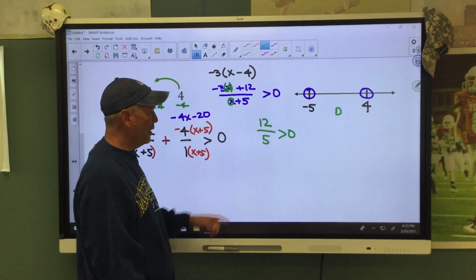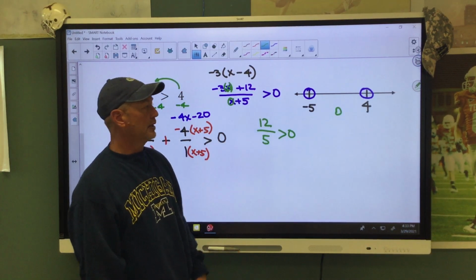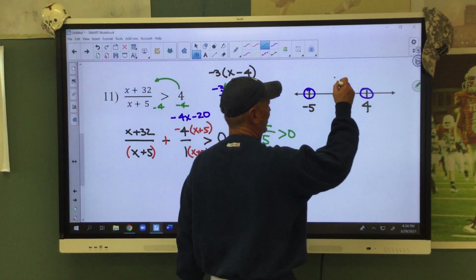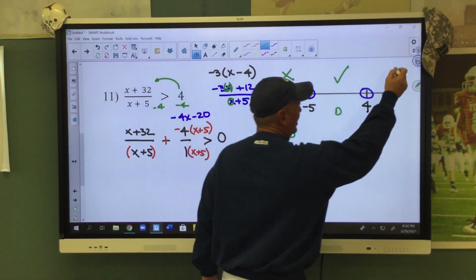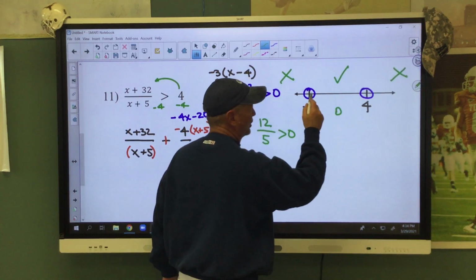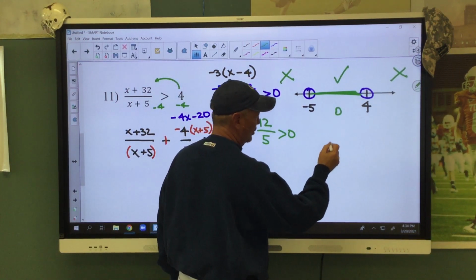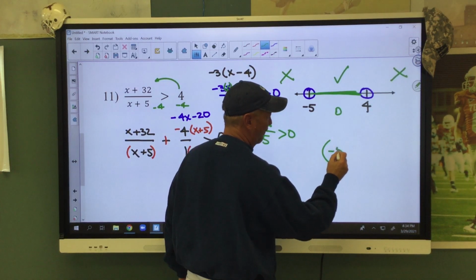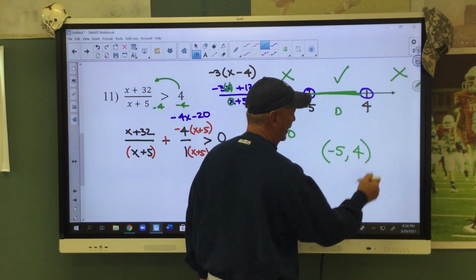Is the positive number greater than 0? And you're going to say yes. This is true. So this is false. This is false. This is the good stuff. And so my answer is going to be soft bracket, negative 5, comma 4, soft bracket.